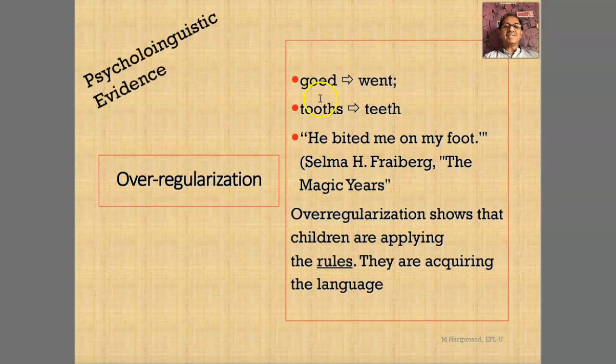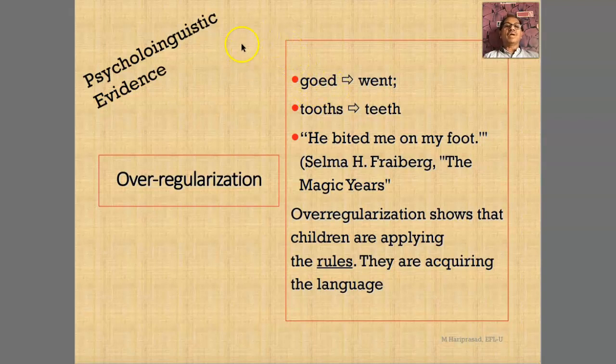So that means regularization is a process. Using regular affixes to form words is a process. In fact, goed doesn't exist. The learner might not have heard the word goed at all, but he forms a new word, goed. How?